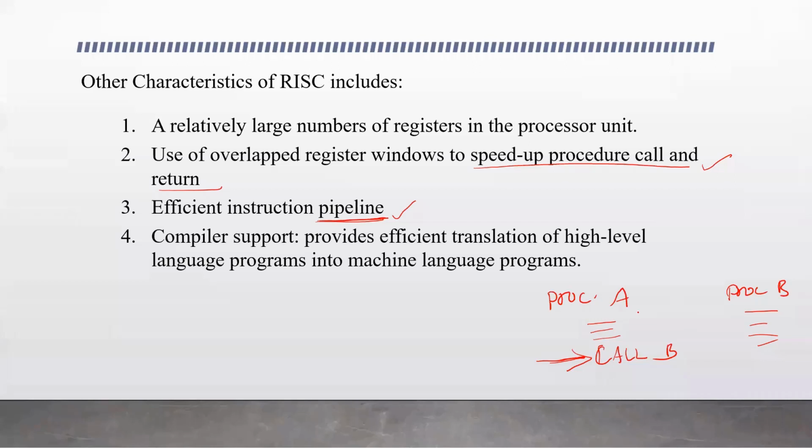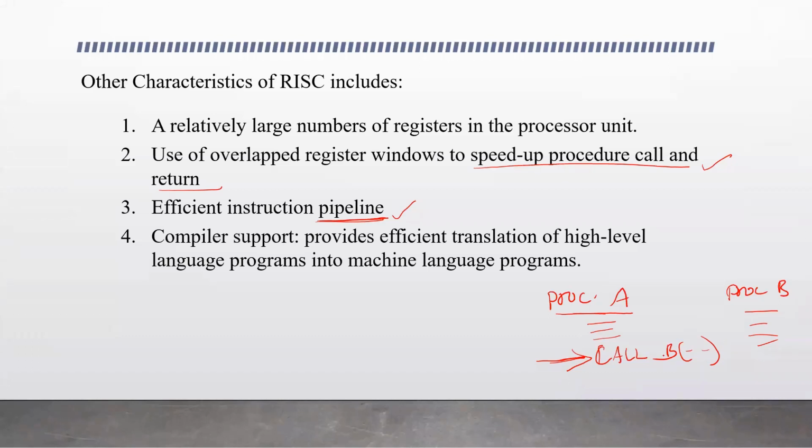The procedure A may have some local variables, right? So the values need to be stored in the registers. And the return address: after execution of procedure B, the control has to return back, so the return address is stored. And the call may include passing of parameters to B. These are the values, data that are shared by procedure A and B, correct?